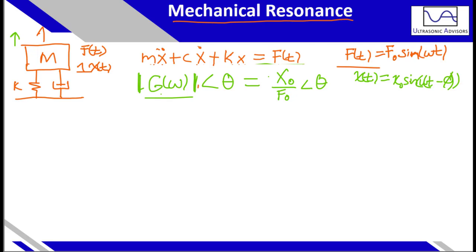Because according to a linear system, which these equations are describing, if you increase your force at any frequency, your output will increase by that same ratio or factor. However, that relationship only holds at a specific frequency for such a linear system like a mass spring damper.